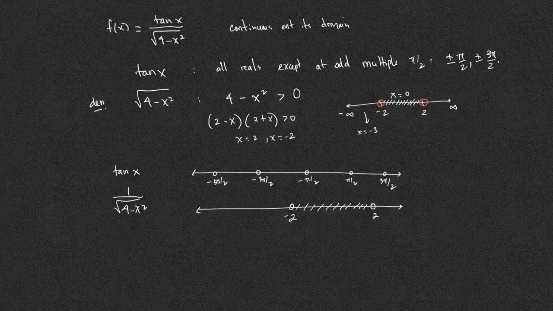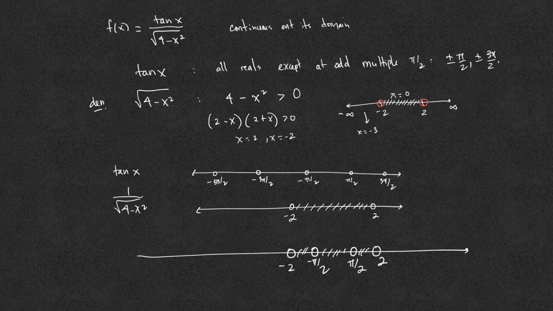The part that these two domains share is negative 2 to negative pi over 2, negative pi over 2 to pi over 2, and pi over 2 to 2.